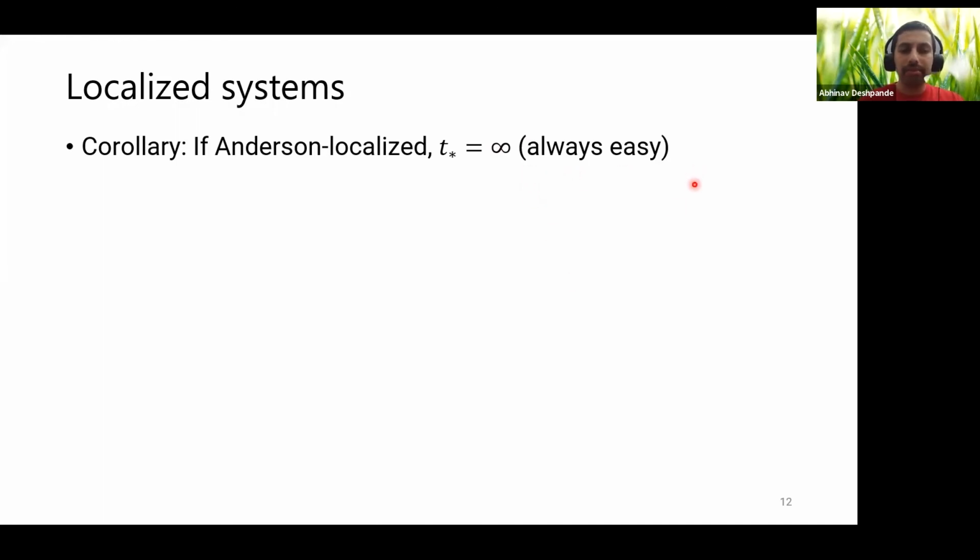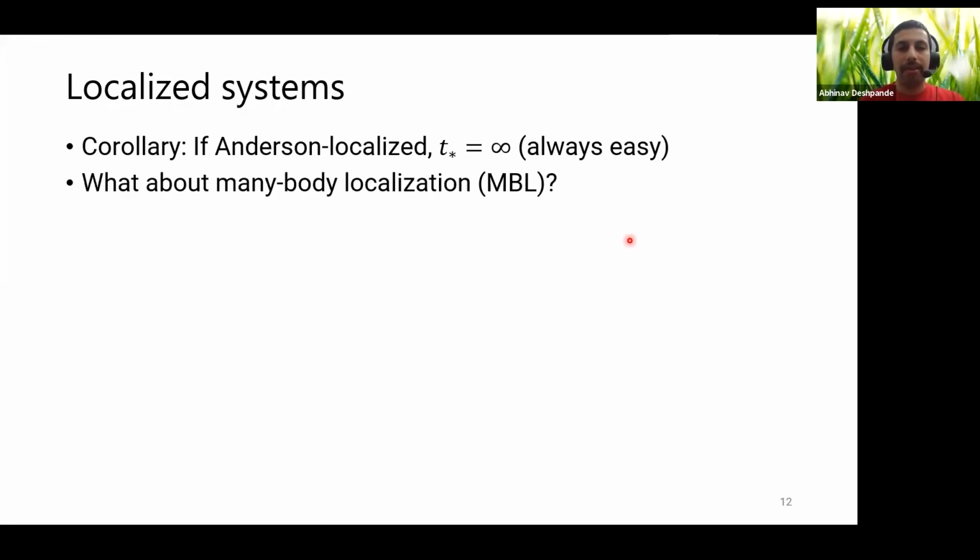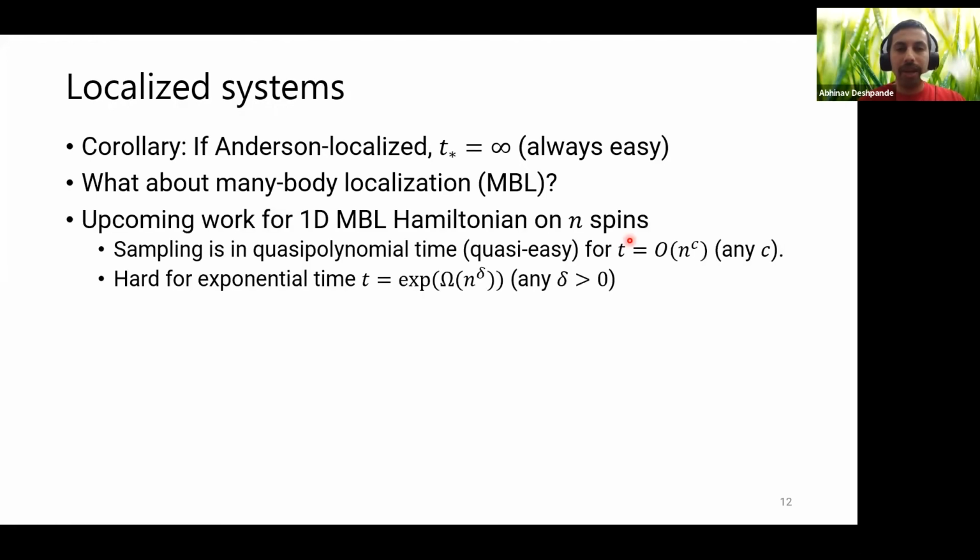And so you might ask, what about many body localization? We have some upcoming work for a 1D MBL Hamiltonian on n spins. Now, this is a setting that differs a bit from the previous setting, so one can't quite directly compare the two.